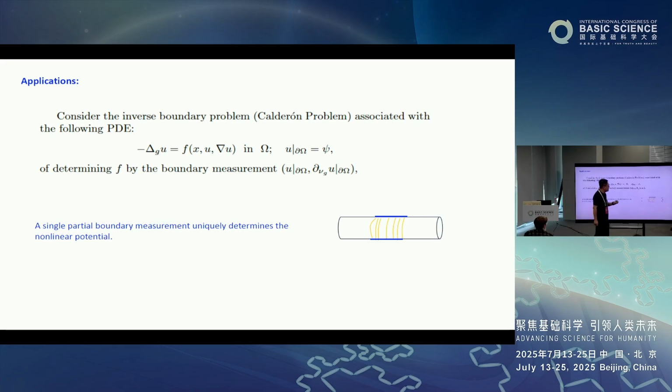But now let's consider this domain is of this product type, and suppose the cross section is small, which means its mean curvature is very high. Also we take this measurement locally around this surface of this cylinder. Now we can say that f can be approximately determined locally here by using this measurement data. So it's just an extension of our earlier study.